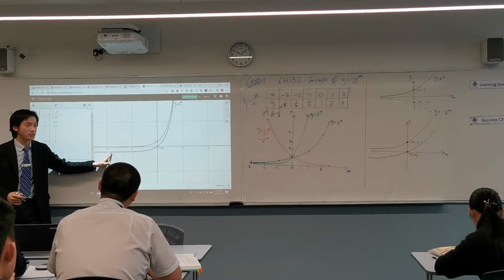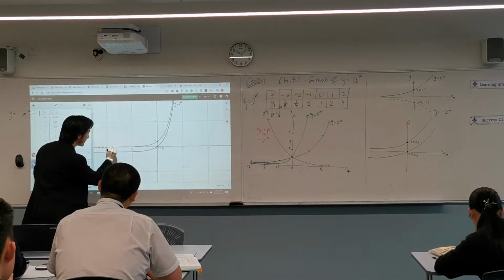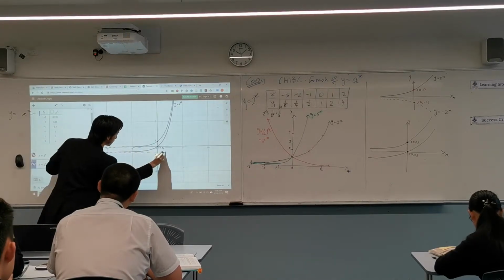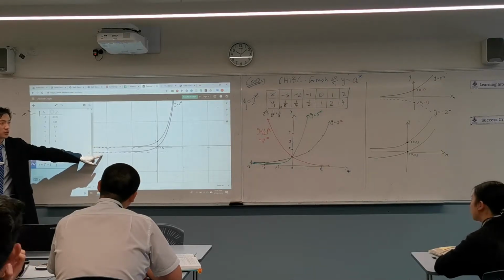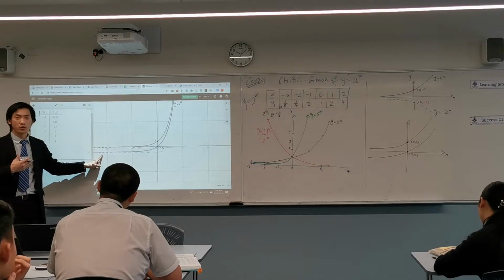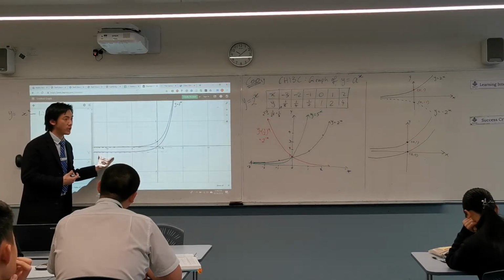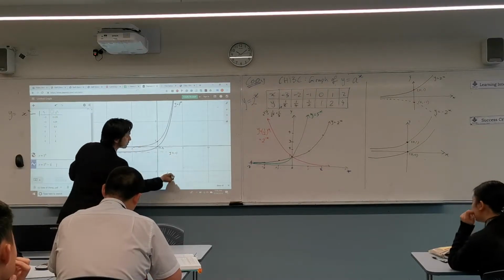Can you see how the asymptote that used to be along the x-axis has shifted down? Because the graph is shifted down, that means the asymptote has shifted down as well. Whenever you're sketching a graph and you know that your graph has an asymptote, you must always label that asymptote. So I will label it as y equals -1.